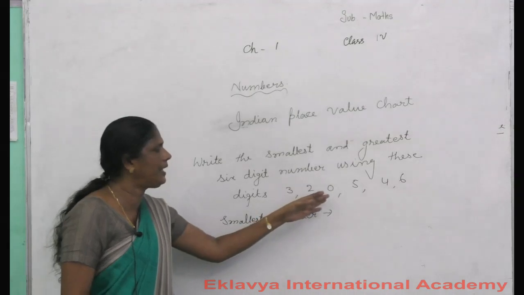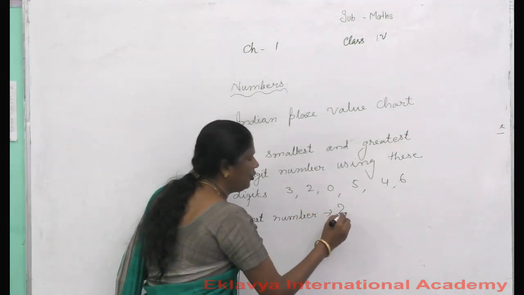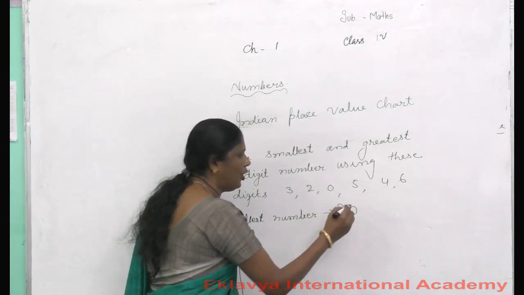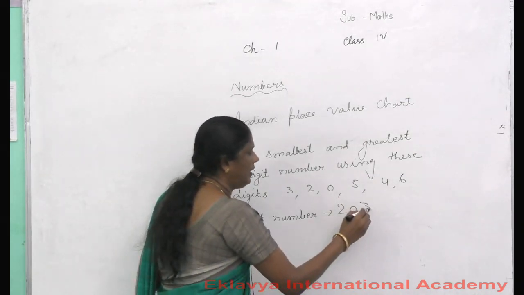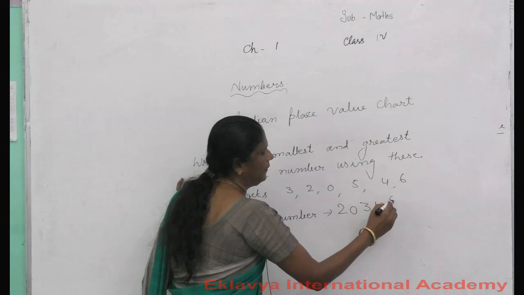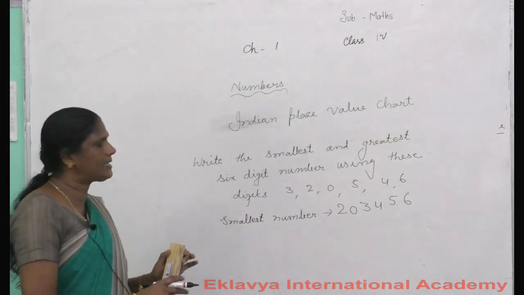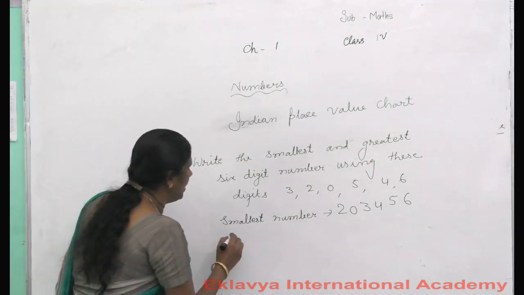Then which digit do we take? 2. We take 2 first, then you take 0. Understand? Don't put a comma. Then 3, then 4, then 5, then 6. Understand this? Then the greatest number.